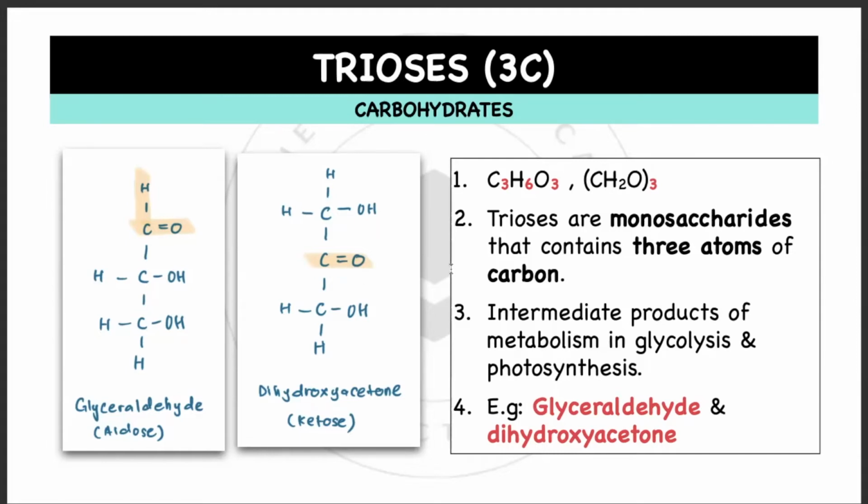Alright, so trioses or 3Cs, tri, are monosaccharides that contain 3 atoms of carbon. So it's very easy to remember that. They are intermediate products for metabolism in glycolysis and photosynthesis, which you will learn in the subsequent chapters. And some examples to take note for exam: glyceraldehyde and dihydroxyacetone.